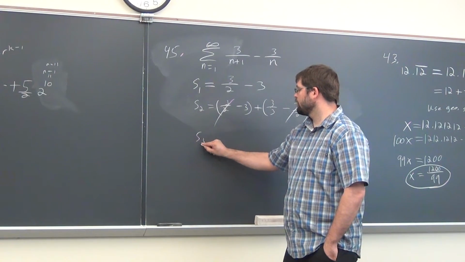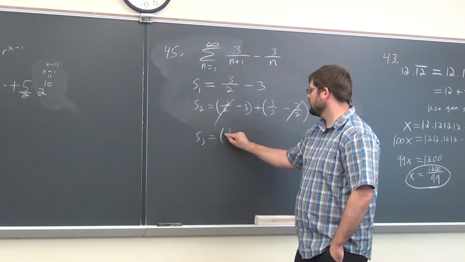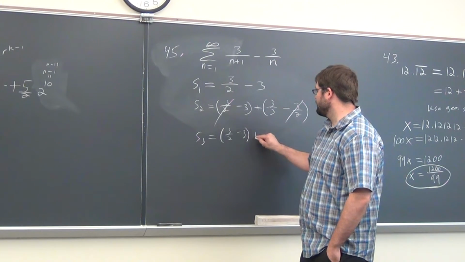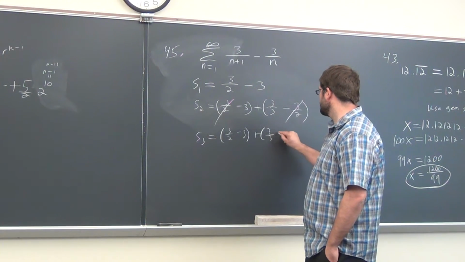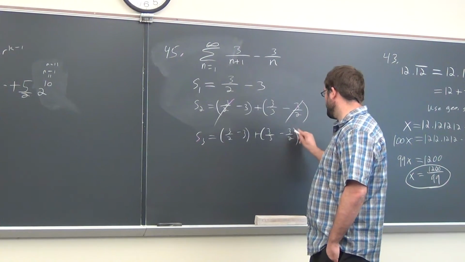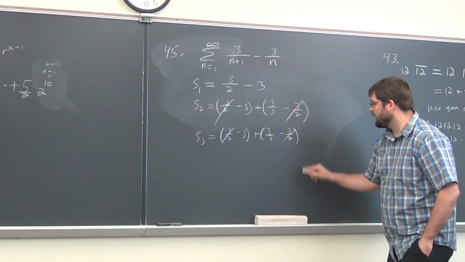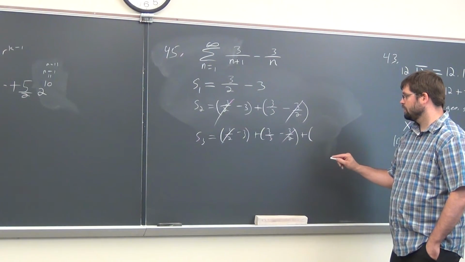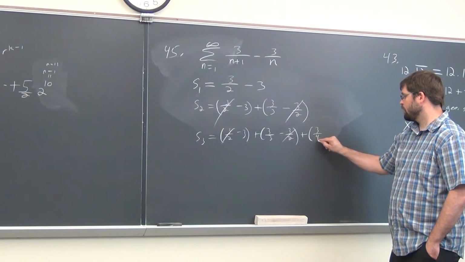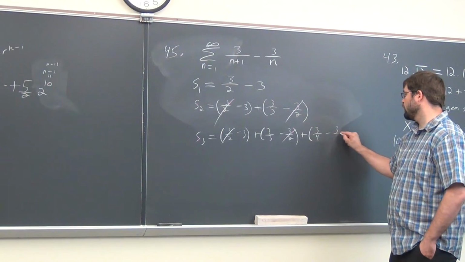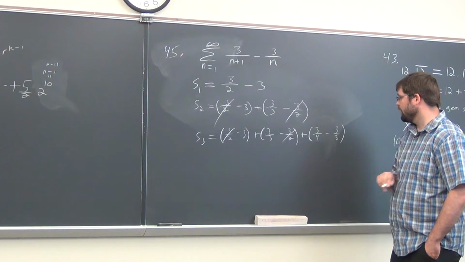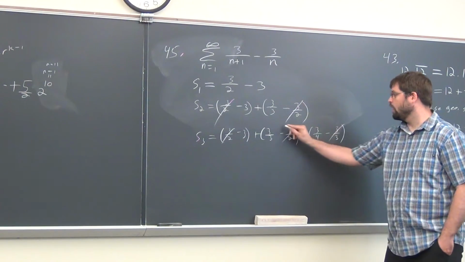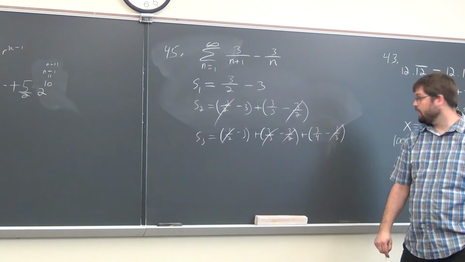What's S sub 3? Again, you can start trimming these off if you want. I'll just write this out again. Same thing, right? The 3 halves cancels. What's the next term that gets added in here? 3/4 minus 1, or 3/3, minus 3 halves, right? And so the 1s cancel, right? So you end up with that.